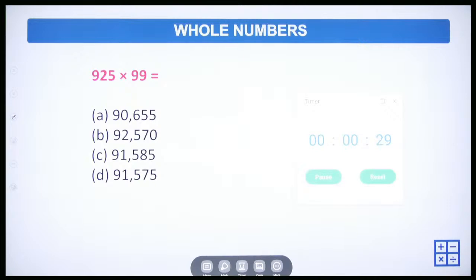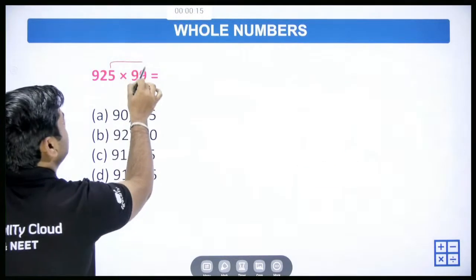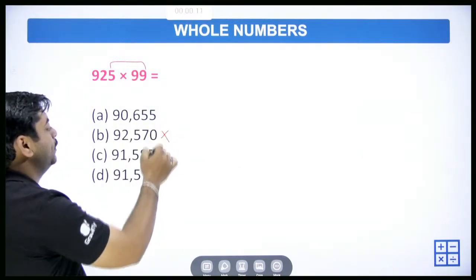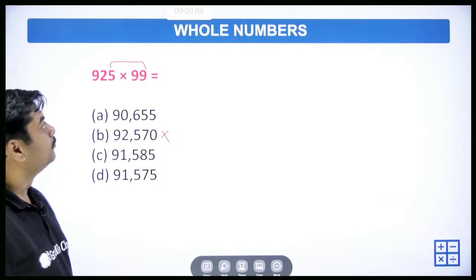Last 30 seconds more. 20 seconds more. One thing I can say here, 9 into 5, the last digit should be 5, 45. So this option will not be the answer. Any of these three will be the options, correct?